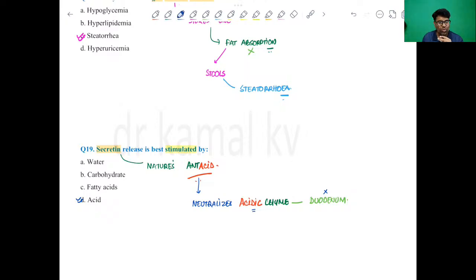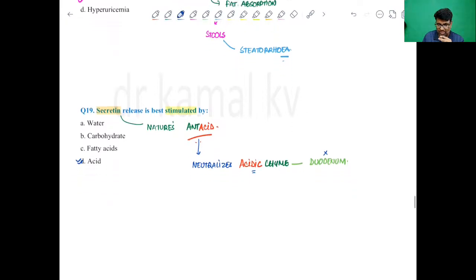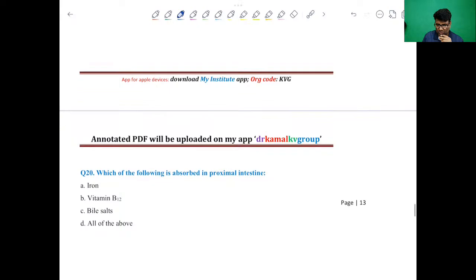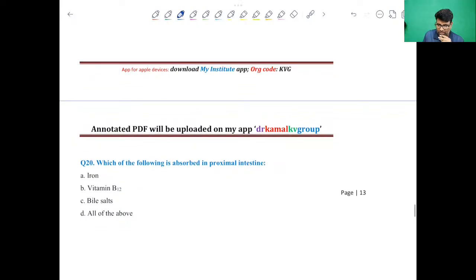So this is the role of secretin, and once there is acidic food in the duodenum, there is a command for release of secretin, and as the name suggests, it is nature's antacid, so it will neutralize the acidity of the chyme.